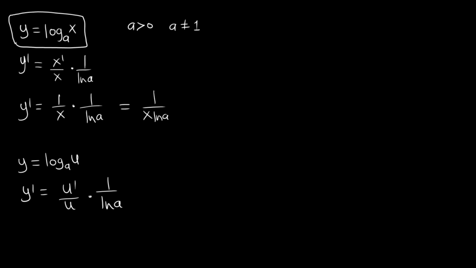So that's what this means. Let's go ahead and take some examples to help us understand what we are doing here. Let's say I have y given to be log base 10 of 2x to the power 4 plus 1.